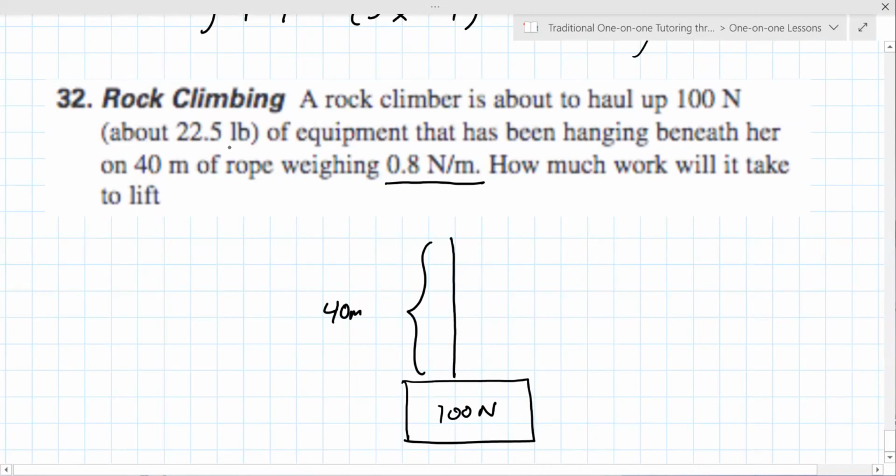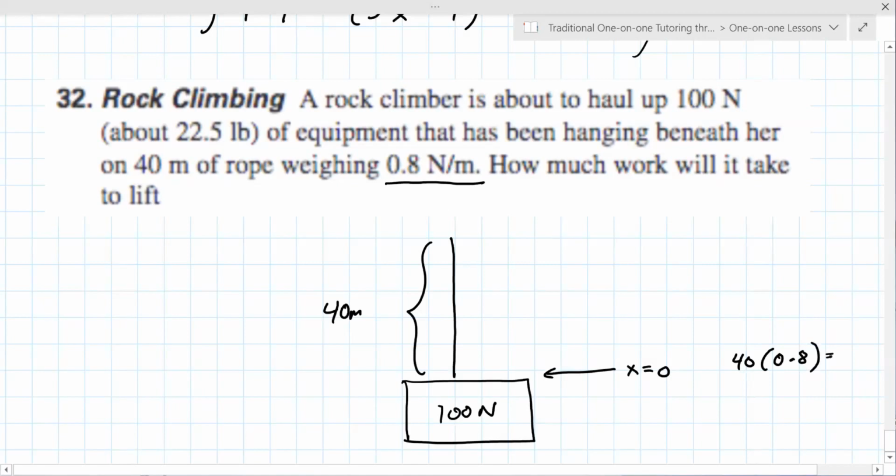So when you pull this up, you're always pulling the 100 newtons. That's always happening. We're going to call this down here x equals 0. At x equals 0, you're also pulling 40 times 0.8 newtons per meter of rope.